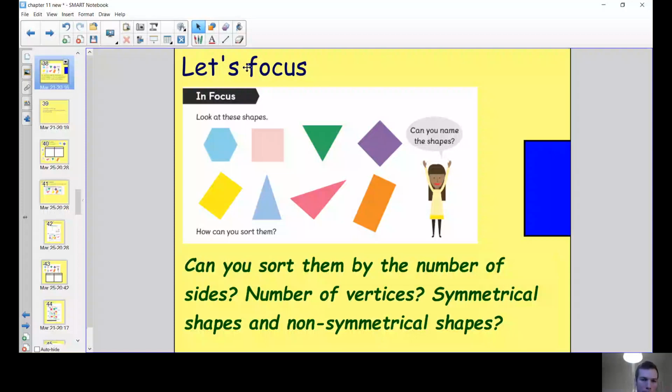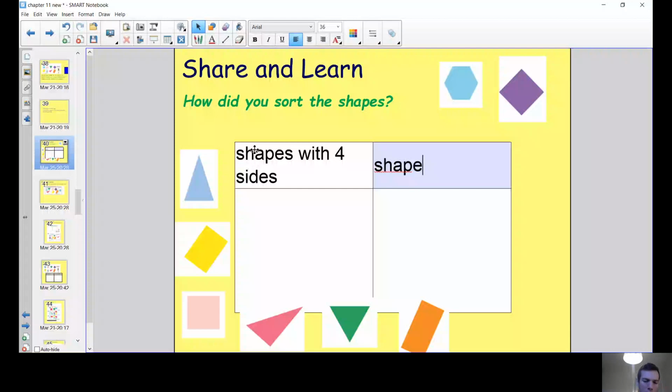Maybe you sorted them. Oh, well, that doesn't work very well, does it? Try again to see. You sorted them into shapes with 4 sides and shapes with 8 sides.